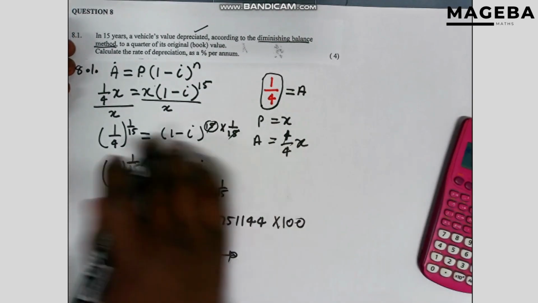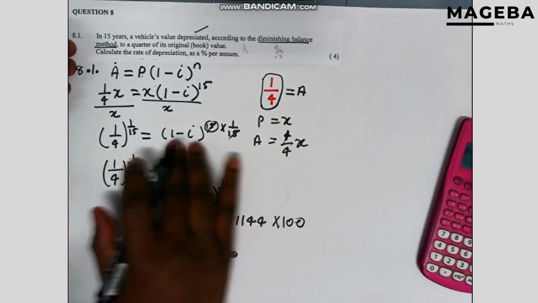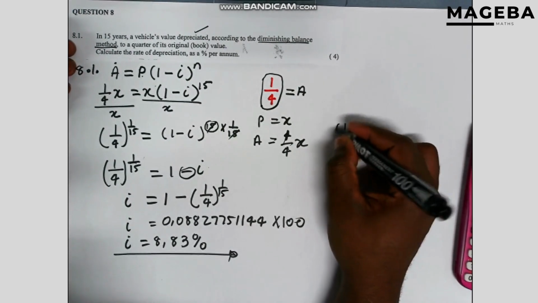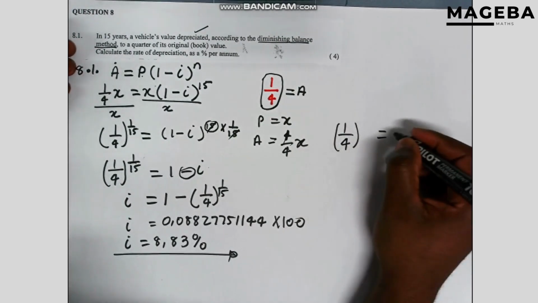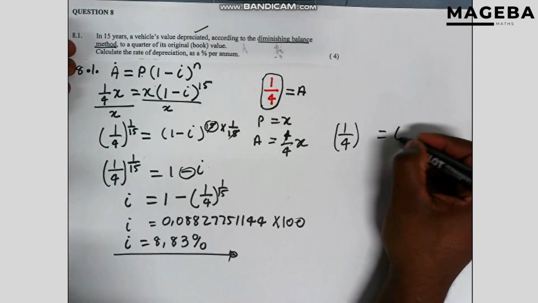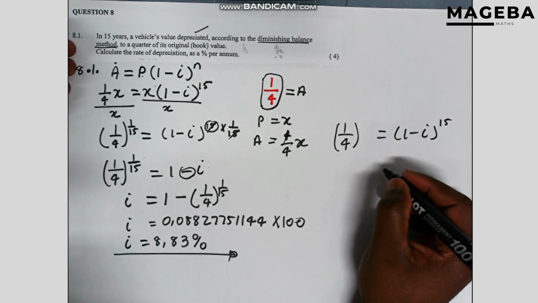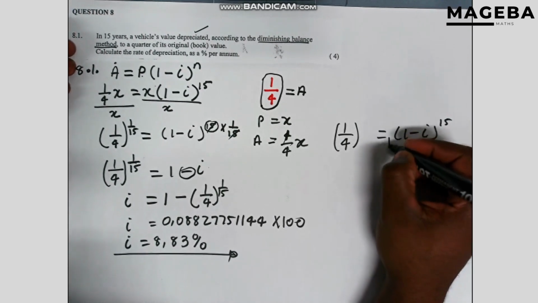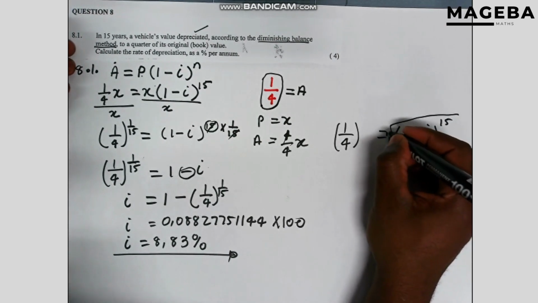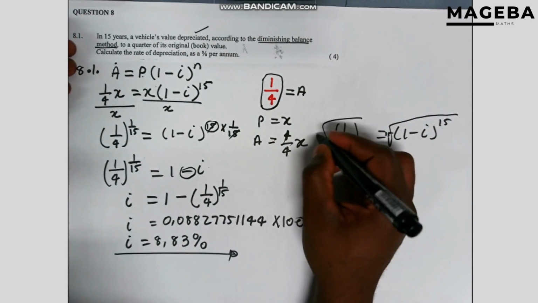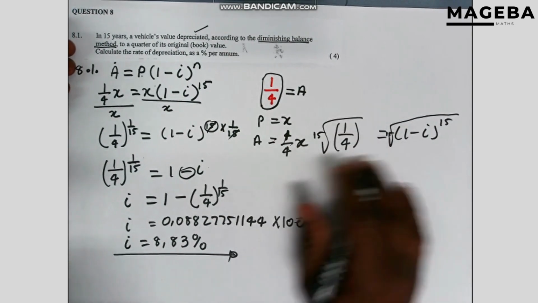I hope you still understand how you got rid of this power. Just to clarify something on this step here, we have 1 over 4 equals 1 minus i to the power of 15, and then from here what you can do is take the 15th root on both sides.